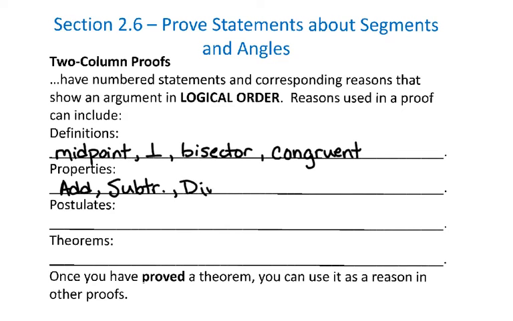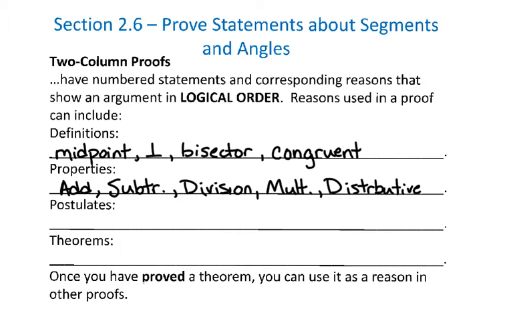Division, multiplication, distributive, and let me think of some others: reflexive property, symmetric property, transitive property. All of those properties would be included in our reasons in a 2-column proof.